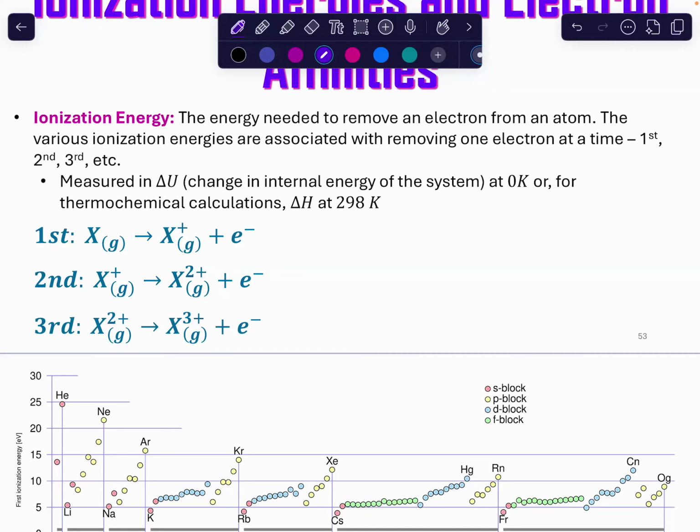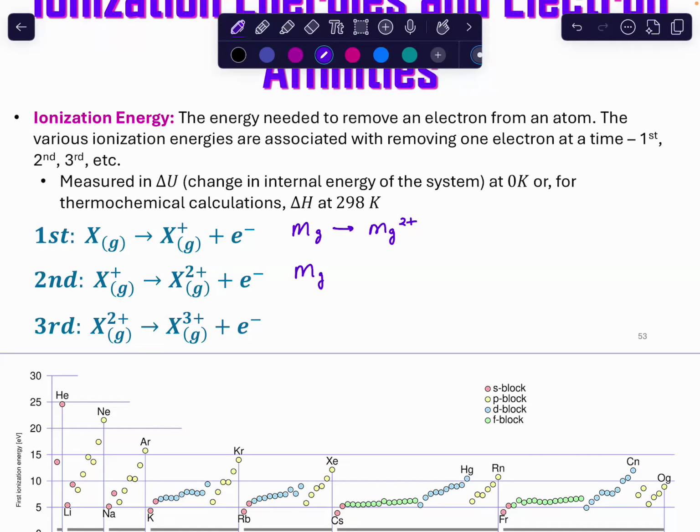So for example, we know that magnesium wants to become isoelectronic with its nearest noble gas. So that's going to be magnesium 2 plus. We know from its place on the periodic table that it's a common charge ion. It's going to become 2 plus, which means it's going to have 2 ionization energies.